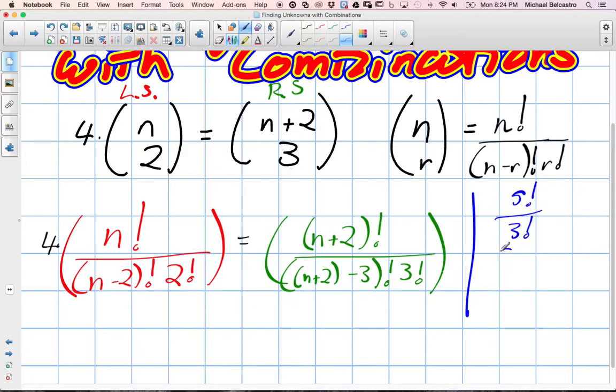We can write this out as 5, 4, 3, 2, 1 over 3, 2, 1. The 3, 2, 1s all cancel out, and it would just be the first two numbers.